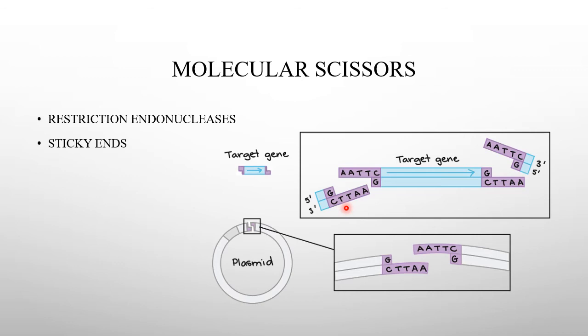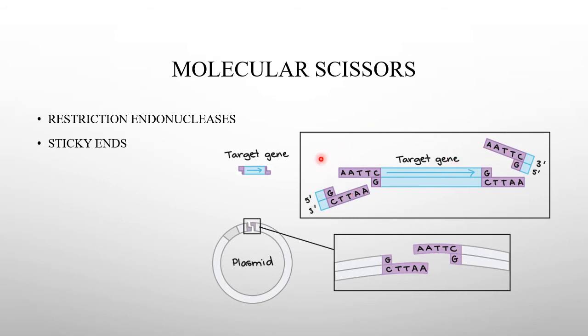It cuts double-strand DNA at a specific sequence of bases, so a gap is produced in DNA and a piece of foreign DNA with complementary ends can enter. So when a foreign DNA with these ends enters this gene, it can easily join at these sites.